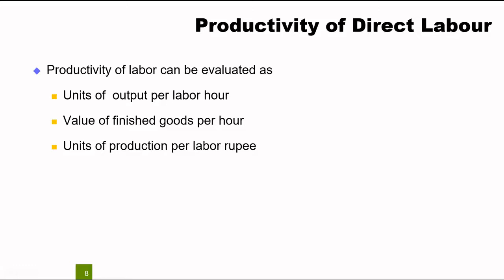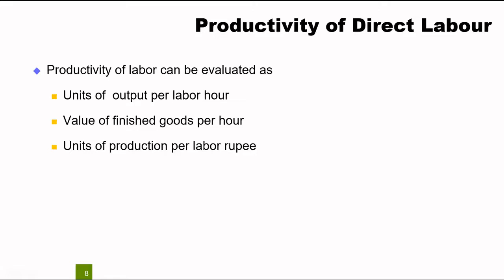So for every rupee that you spend, how much is the person producing? If the person is attaching 50 pockets and you are paying 50 rupees per hour, then for 1 rupee, you are getting 1 pocket attached.